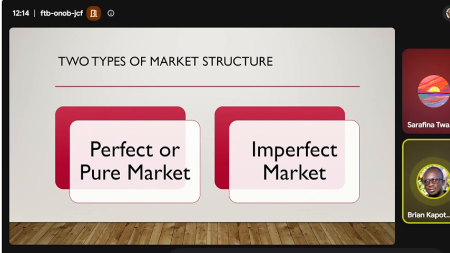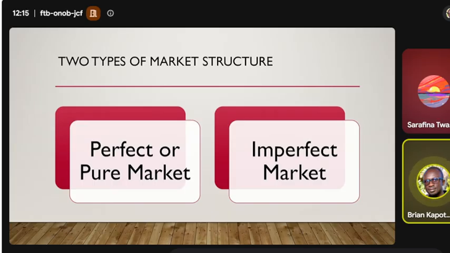It's homogeneous, and it's easy for those many buyers and sellers to have good competition because the product is identical and the consumer does not have to compare and make a lot of choices based on the product quality. So if it's Millimil, the brand is the same, the quality is the same, and so the buyers know that whether I buy this brand or that brand, I'll still get the same level of utility.